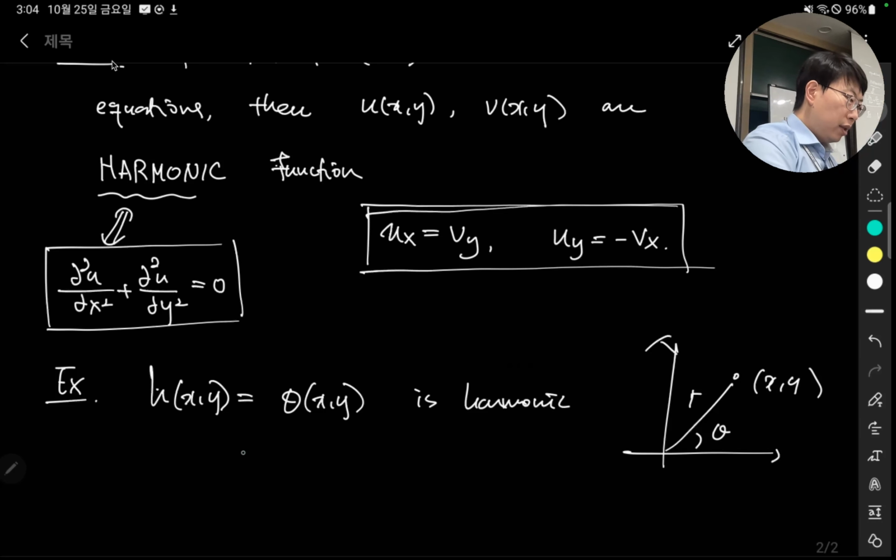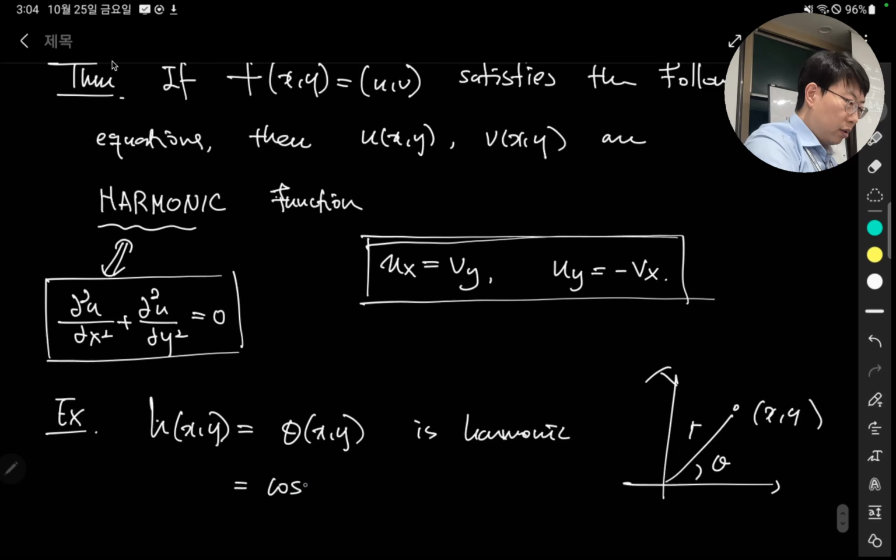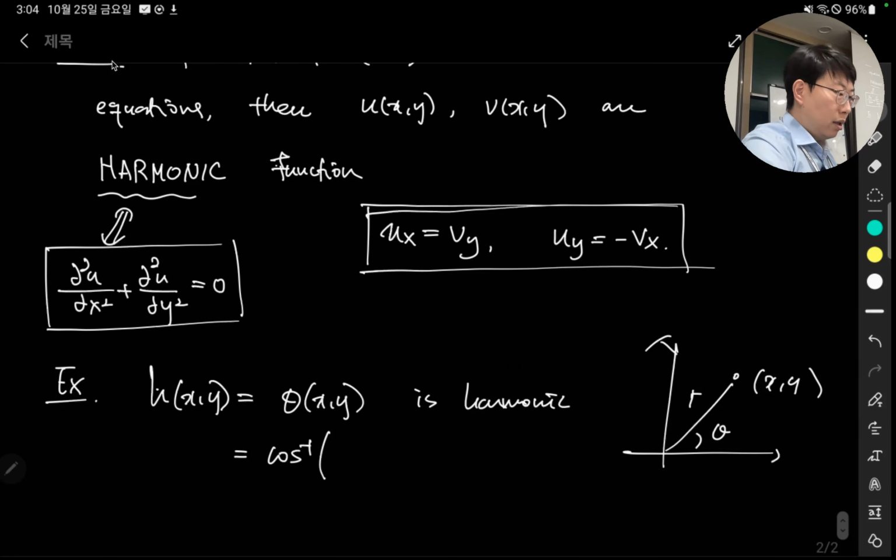So we can rewrite this theta as the inverse cosine, because inverse cosine gives you an angle between 0 and pi. The inverse cosine of x over the square root of x squared plus y squared, right? So it's a function in terms of x and y.